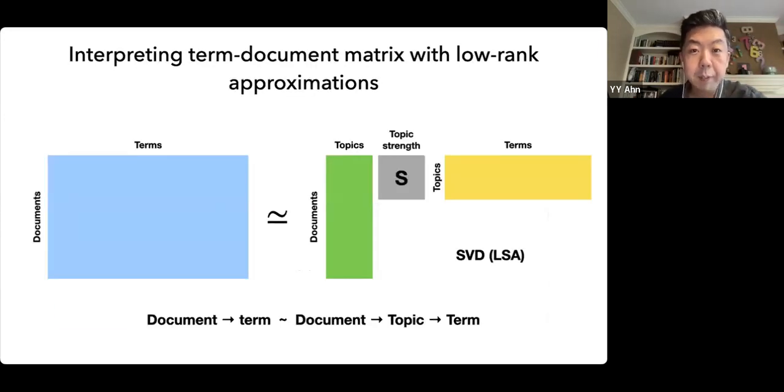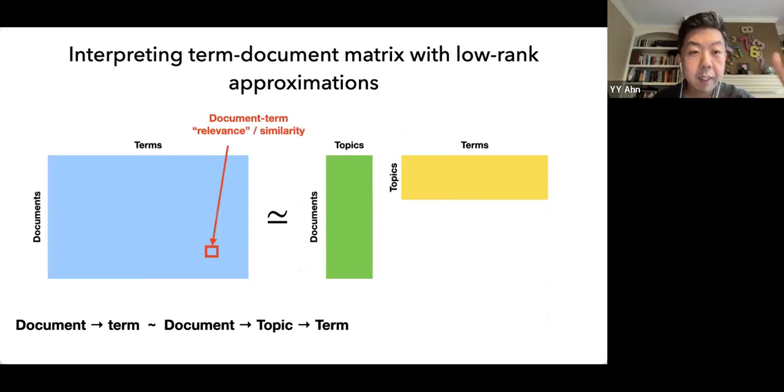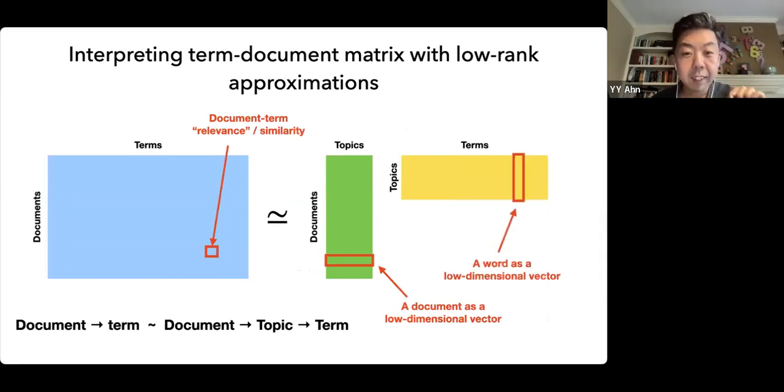And then we can think of factorizing that matrix to obtain the document-term relevance as the product of these two matrices. One represents how each document is represented by a bunch of topics, and the other how each word is relevant to a bunch of topics. By combining that, we can calculate the document-term relevance.